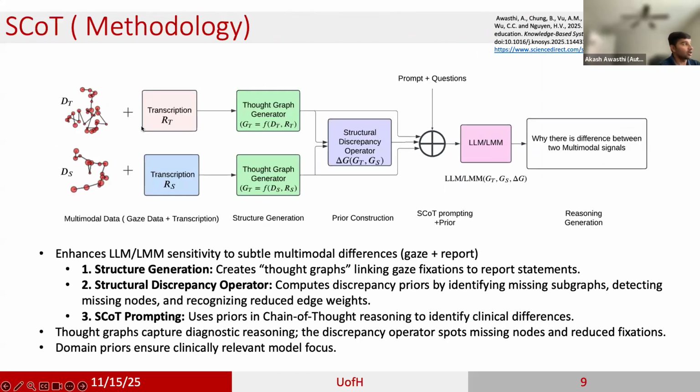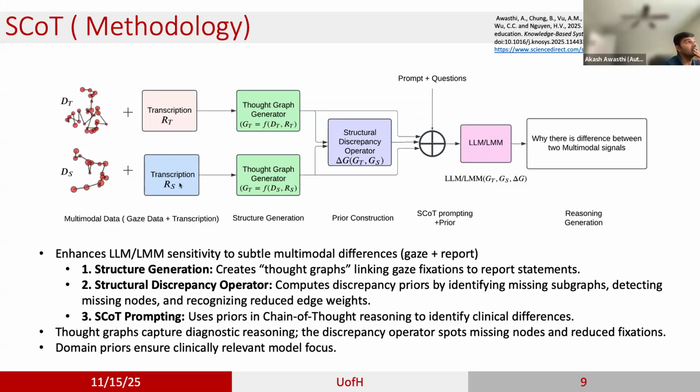How does SCoT work? SCoT is based on two important concepts: structure generation and prior generation. These are the two pillars of SCoT: rather than prompting with raw data, we create a structure of the data and then also create some prior with that.